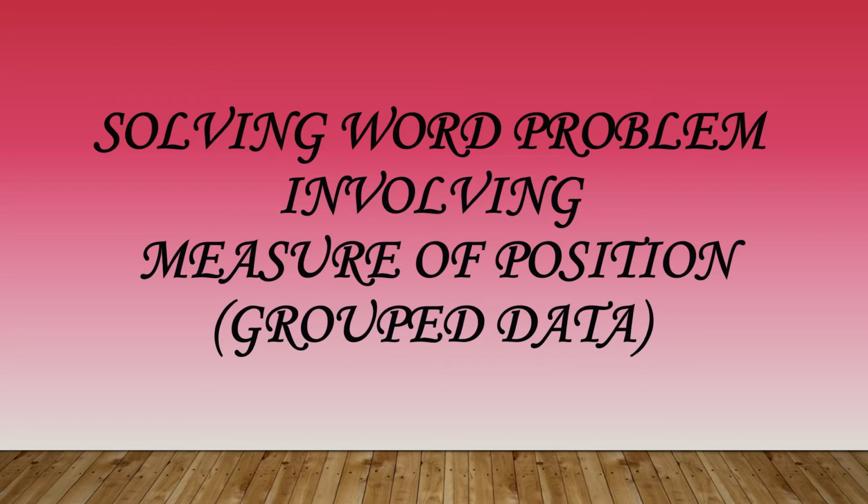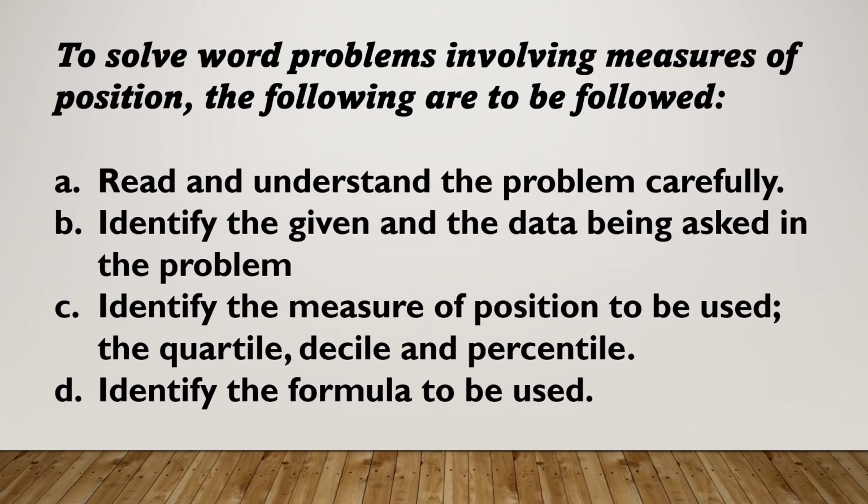Since you know already how to find the quartile, decile, and percentile in ungrouped data, we will now have examples in solving word problem involving measure of position for group data. To solve word problems involving measures of position, the following are to be followed.